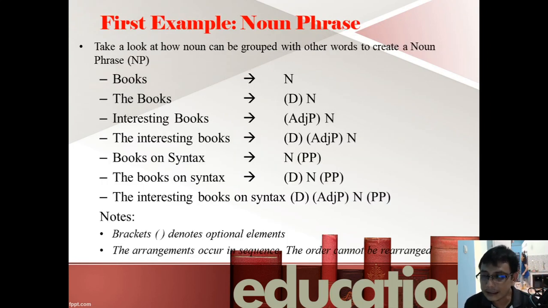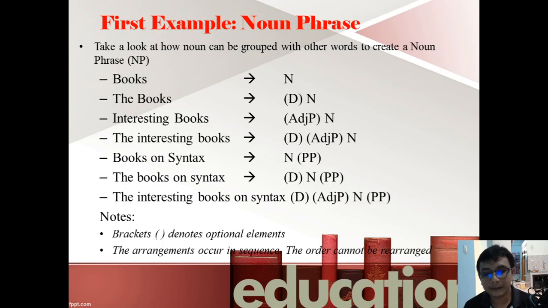Now let's take a look at an example of one kind of phrase which is quite popular, noun phrase. Okay, so noun phrase can consist of a single noun, books for example, or it can take the determiner as a modifier, or adjective phrase like in interesting books, so adjective phrase is the modifier of noun, books.